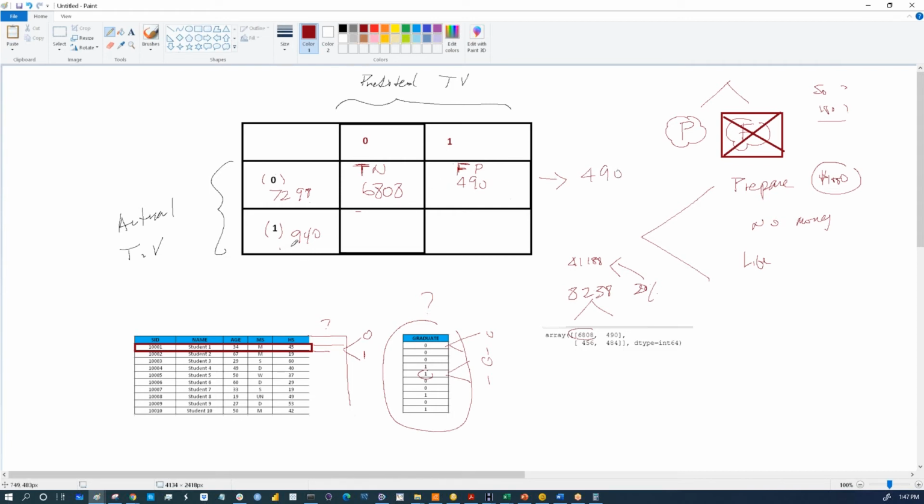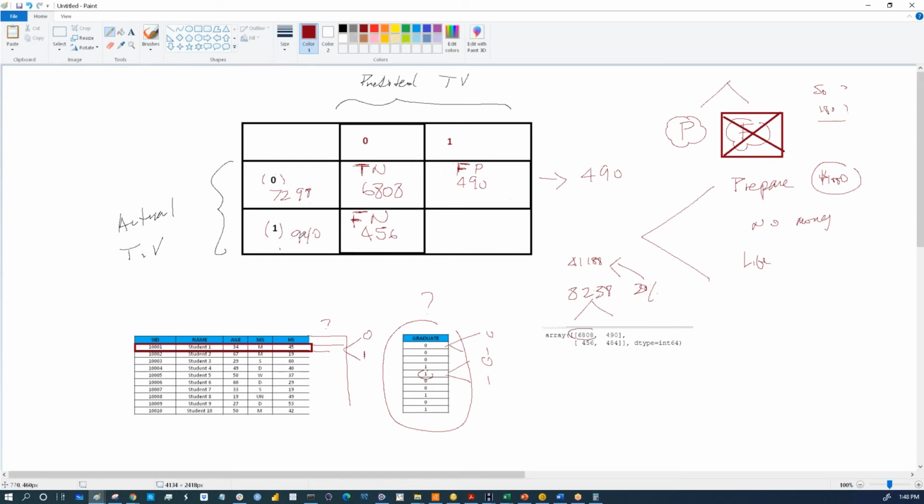So for the 940 ones, how many mispredictions? 456. And this is called what? False negative.